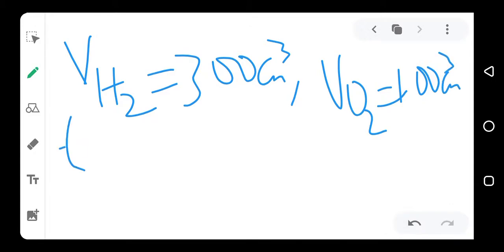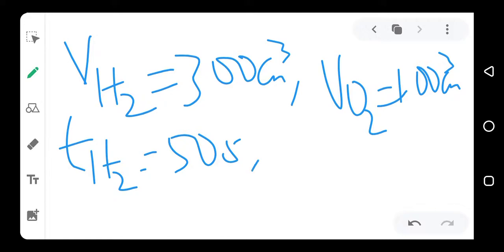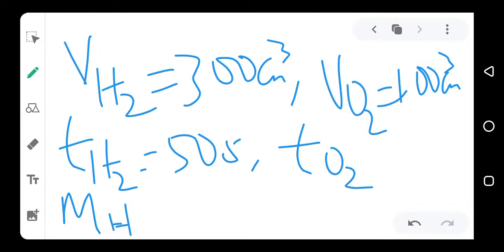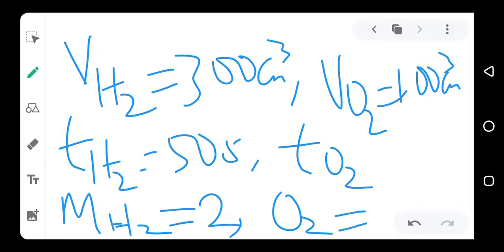We are given the time of hydrogen to be 50 seconds, and we are looking for the time of diffusion of oxygen. Then the molecular mass of hydrogen gas M1 is 2 times 1, which is 2, and the molecular mass of oxygen molecule M2 is 2 times 16, which is 32.